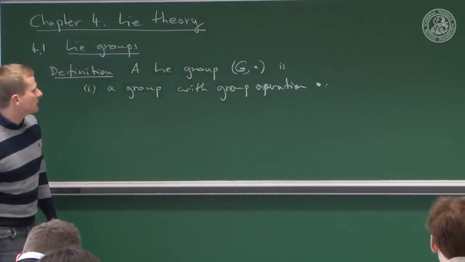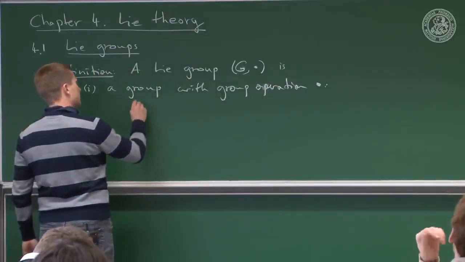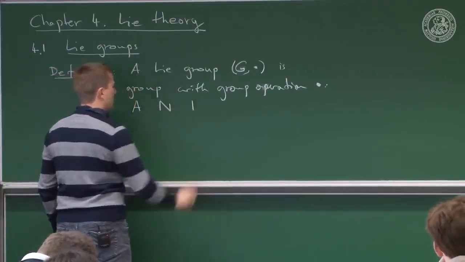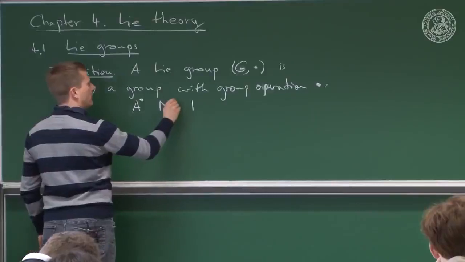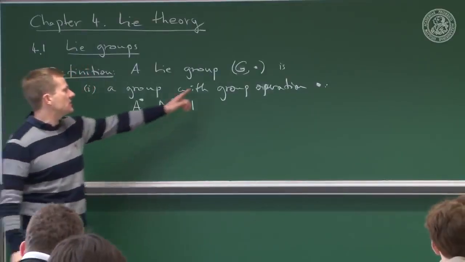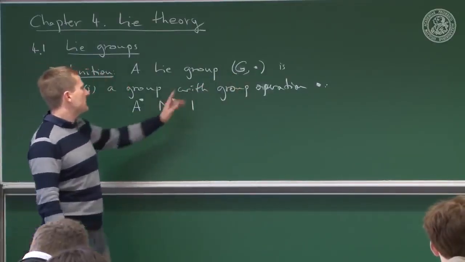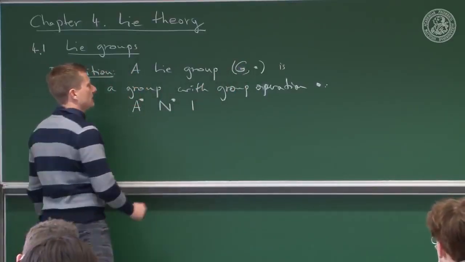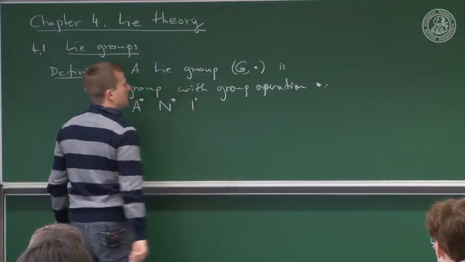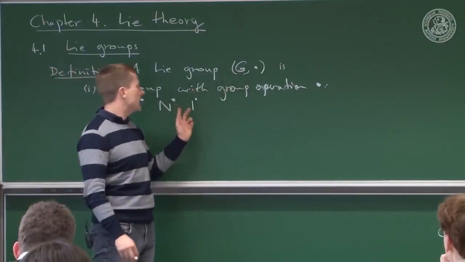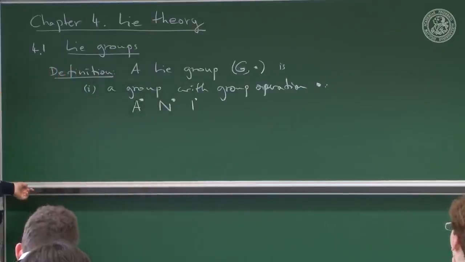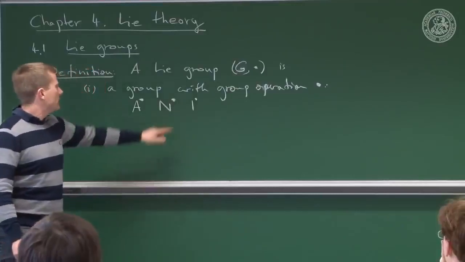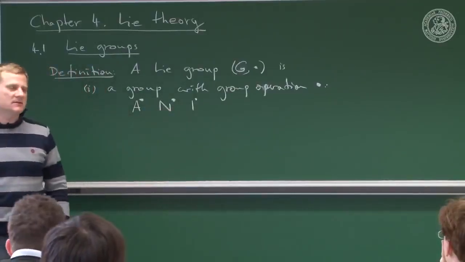And that means that the group operation blob satisfies the properties. So blob is associative. There's a neutral element in G such that that neutral element blobbed with any other element yields that other element again. And there's an inverse element for each element in G, such that taking the element and blobbing it with the inverse, you get back the neutral element. That's a group.